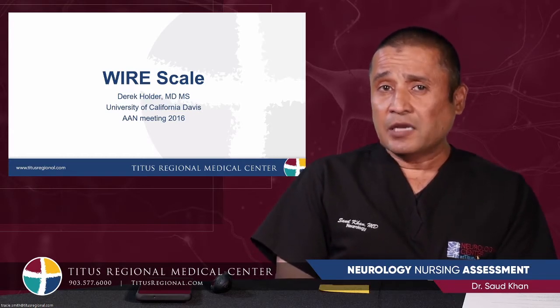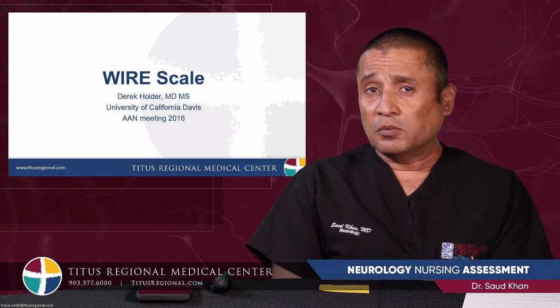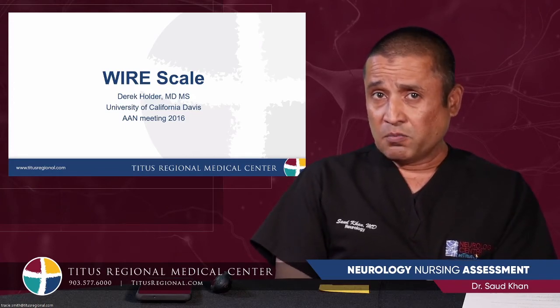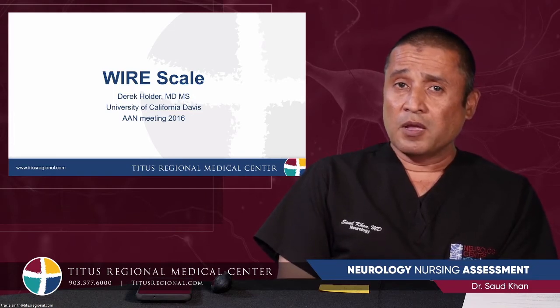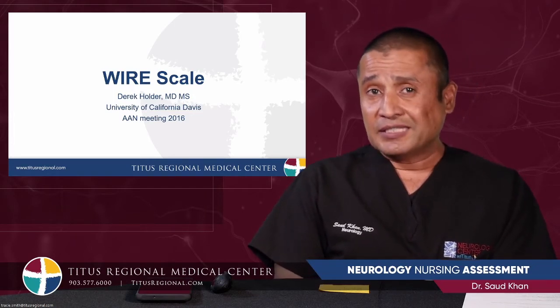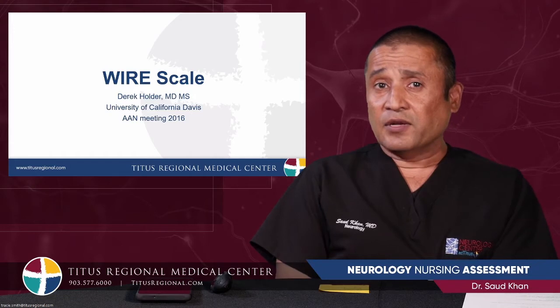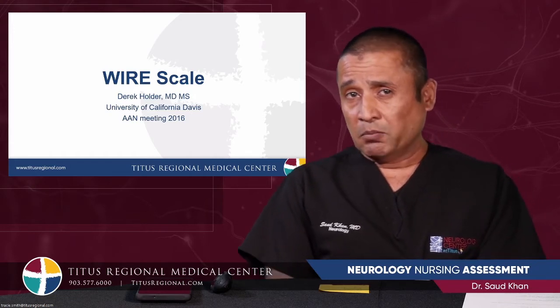Given this scenario, the last seen normal may be 4 a.m., because she was able to walk and talk normally at 4 a.m. But if nobody saw her at 4 a.m., then the last seen normal will be 10 p.m.